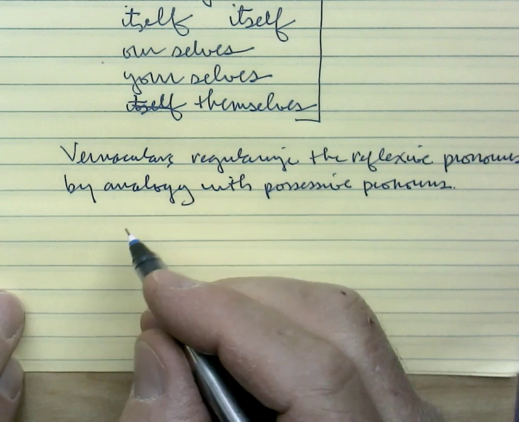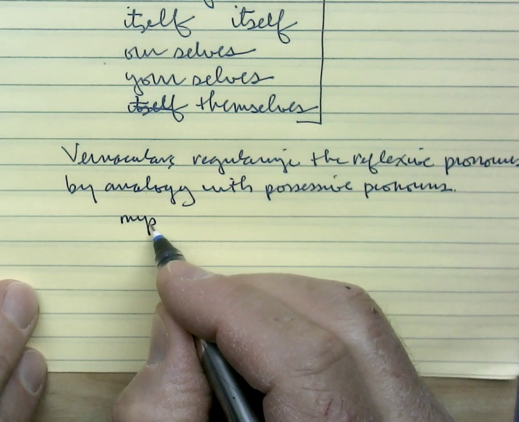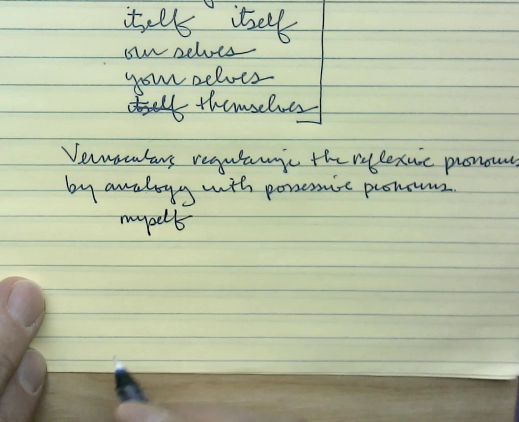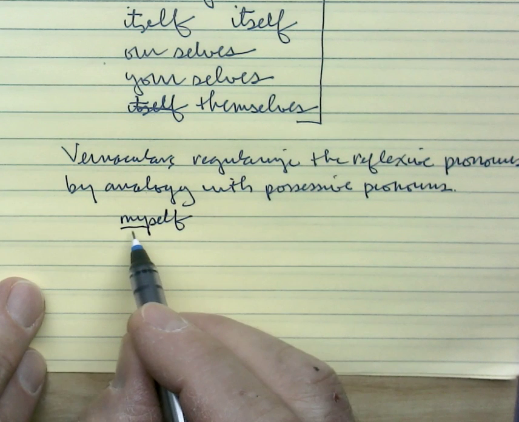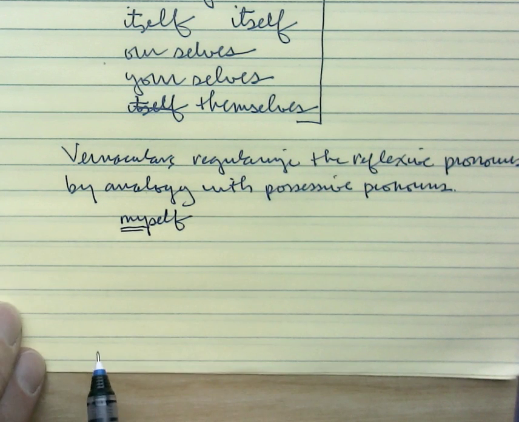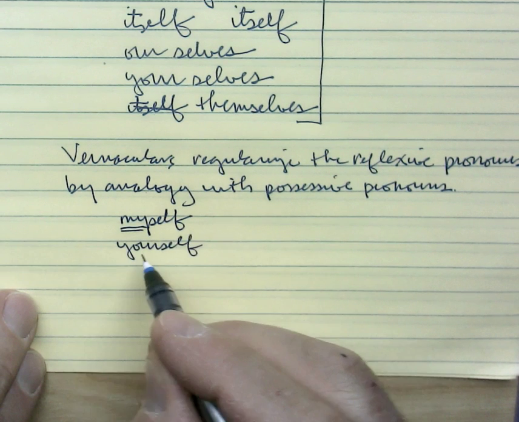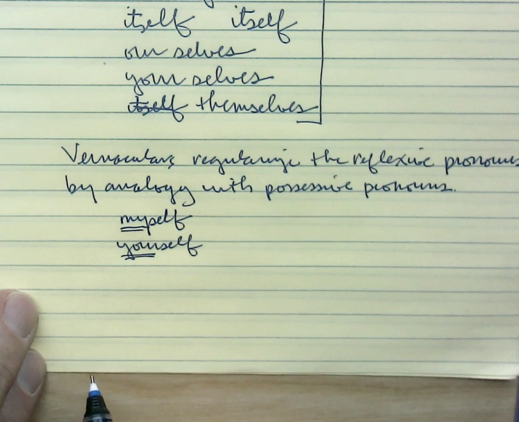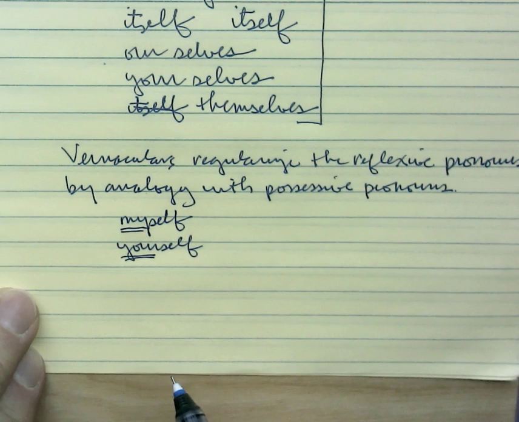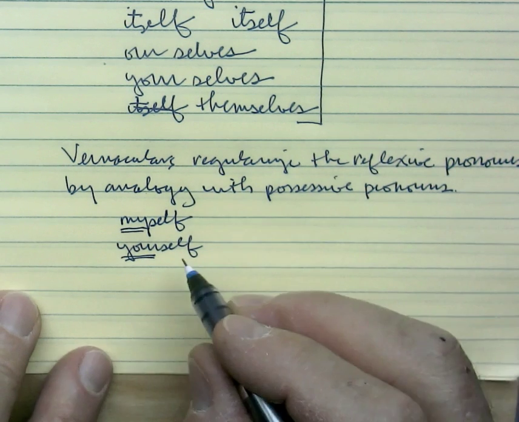So for example, you continue with myself, because actually we see that my is a possessive pronoun. You have yourself. Okay, that doesn't change because your also is a possessive pronoun. And we can continue.